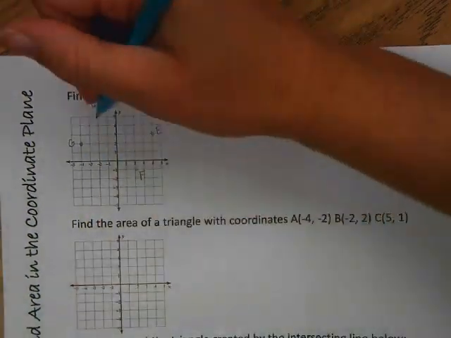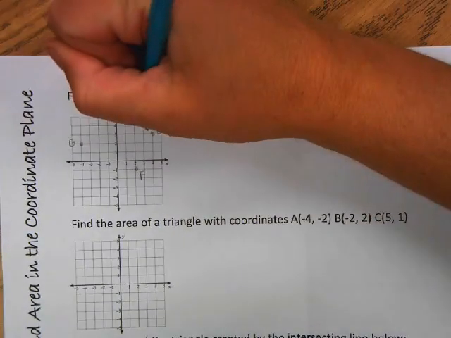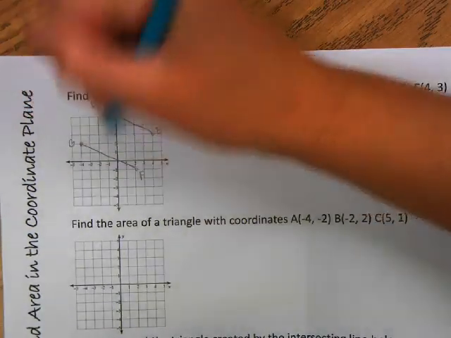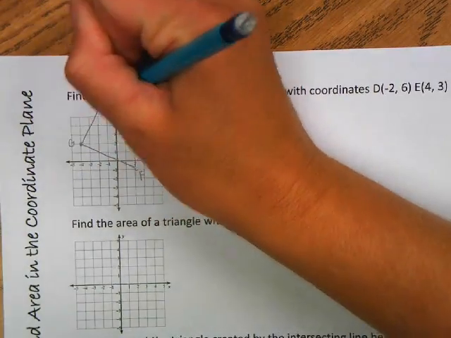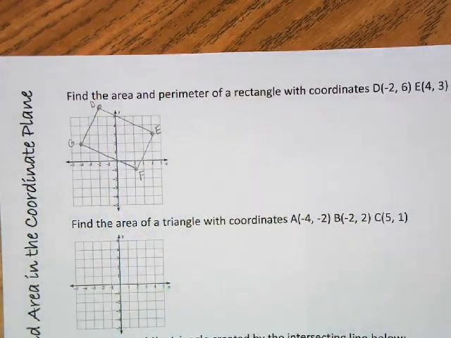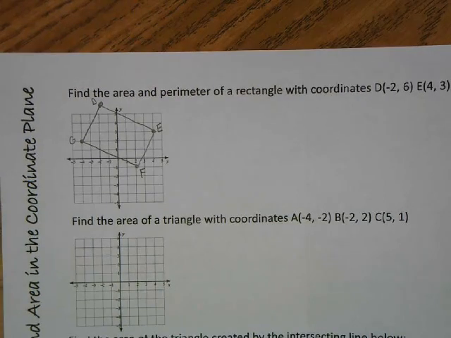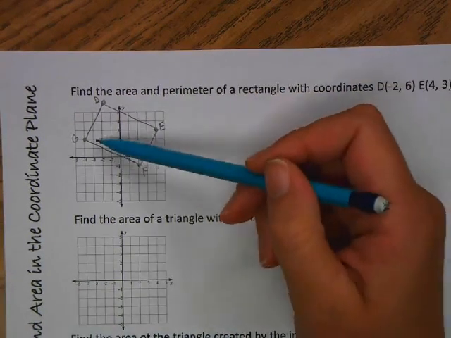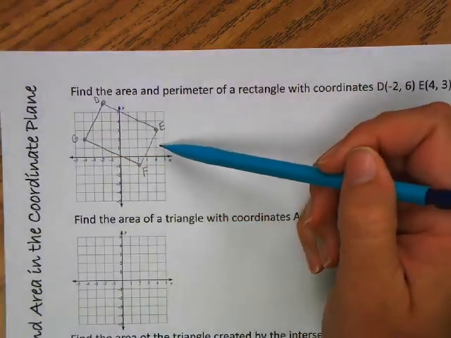So if you connect these points here, you'll get an idea of what this rectangle is looking like. So notice that in this rectangle you have opposite sides that are going to be equal.